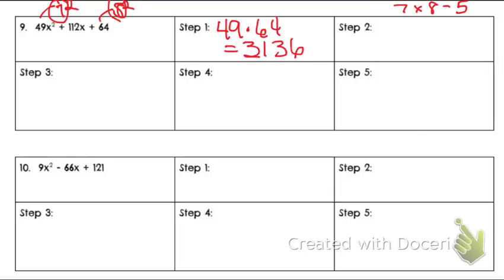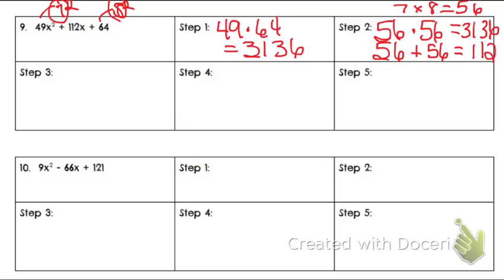I can figure out that 56 times 56 is 3,136. And 56 plus 56 equals 112, which is my B value right here. So they have to multiply to make the A times C, but they have to add up to make your B.